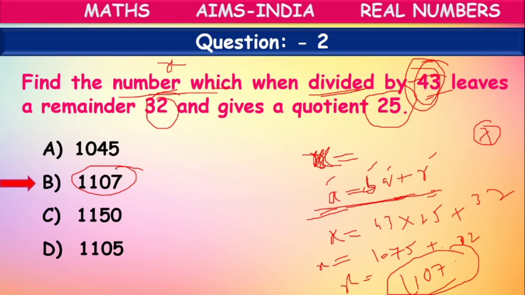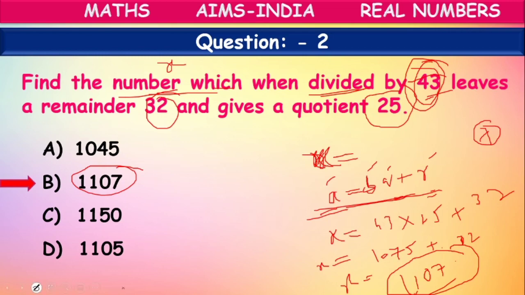Sorry, 1107. With the help of the division rule, or the Euclid division lemma, because it is in the form of Euclid division lemma, we have found out the required number.